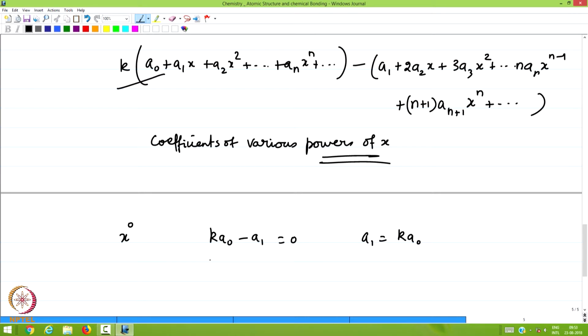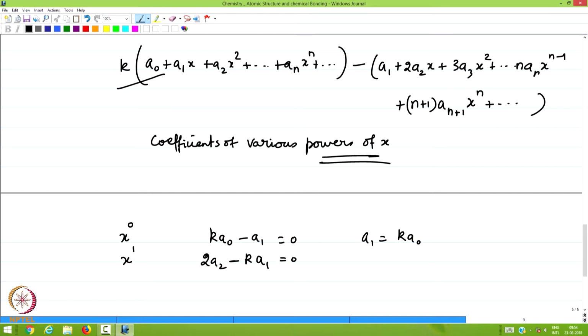The coefficient of x raised to 1 power is 2 a 2 minus k a 1 is equal to 0. The coefficient has this relation.